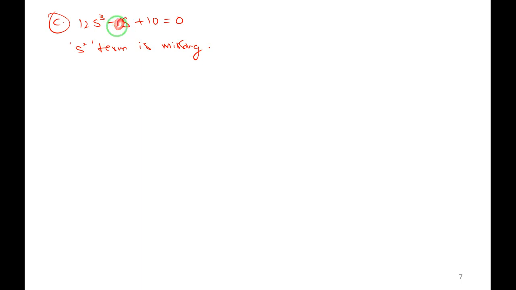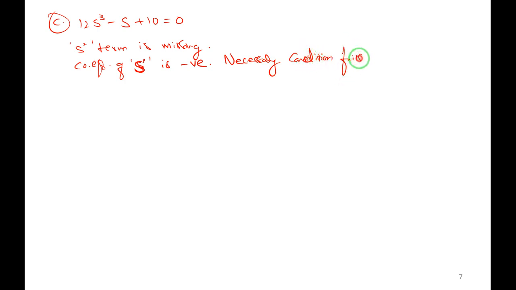The coefficient of s power 1, simply s, is negative. The coefficient of s is negative, so the necessary condition fails. If it fails, the given system is unstable.